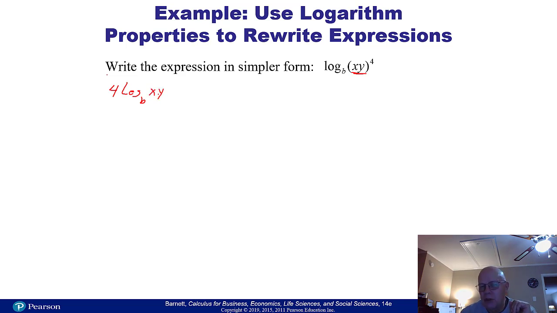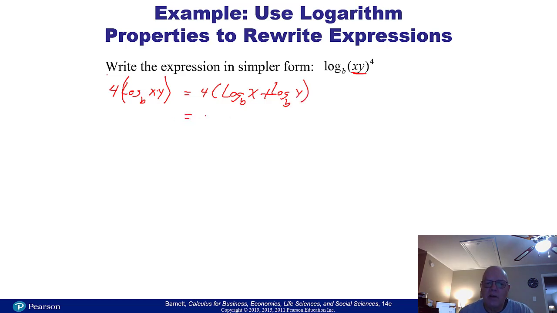Now, do you know what I'm going to do next? I'll give you a hint. Remember, this is one number right now, but I'm going to split this into the sum of two logarithms. So I'll have 4 log base b of x plus, because it's a multiplication, log base b of y.